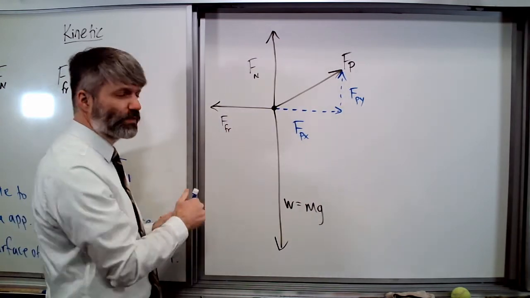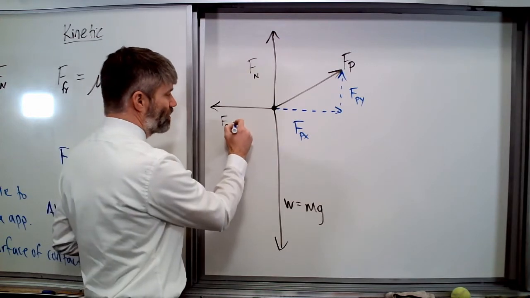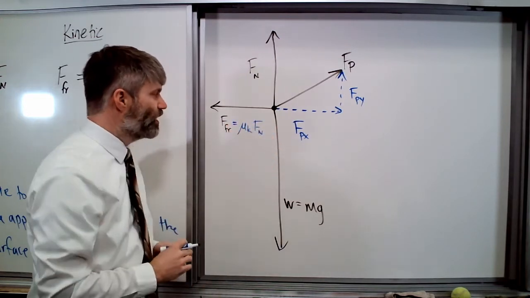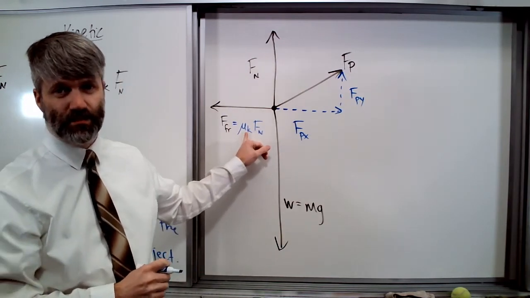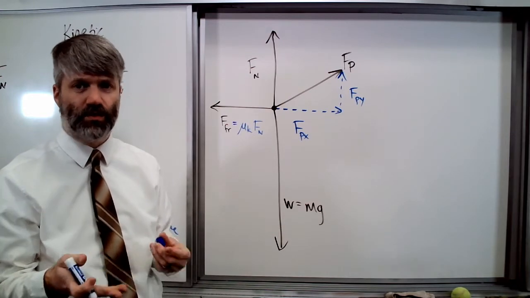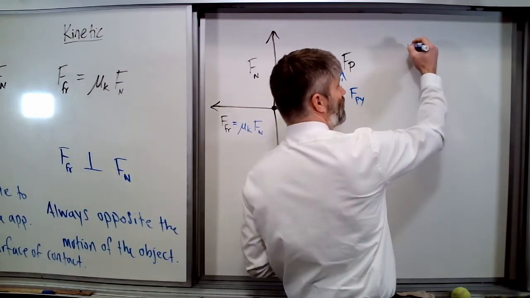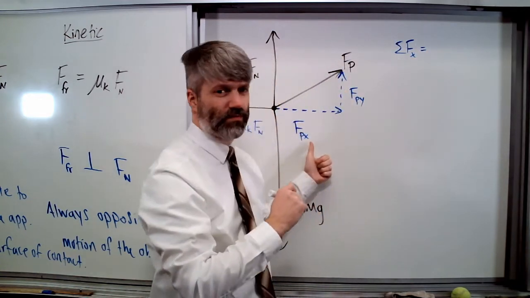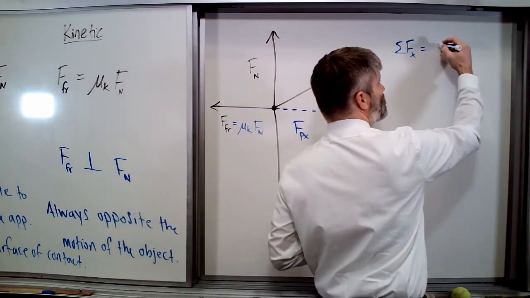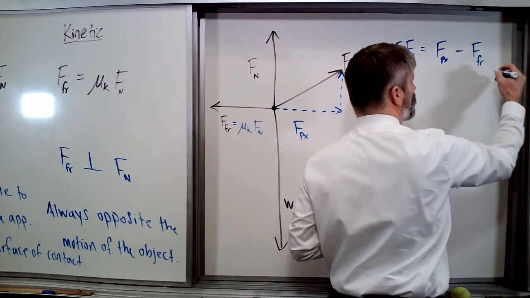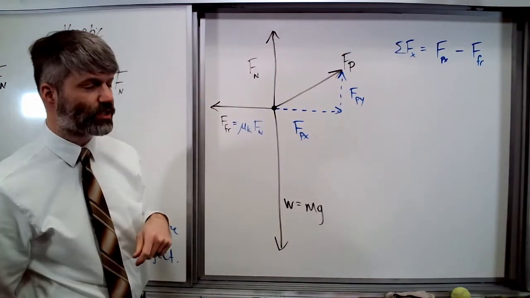Well, we know that the force of friction is equal to mu k times the normal force. And mu k is what we were asked to find, so we want to start off with the x direction and find out what's happening there. So taking the sum of the forces in the x direction, we'll have the F_Px in the positive direction, and the force of friction in the negative direction.